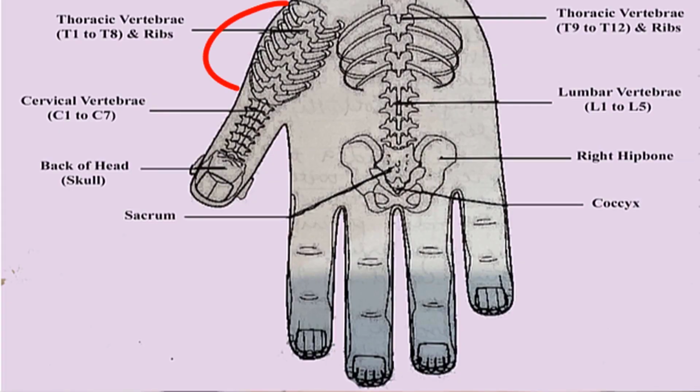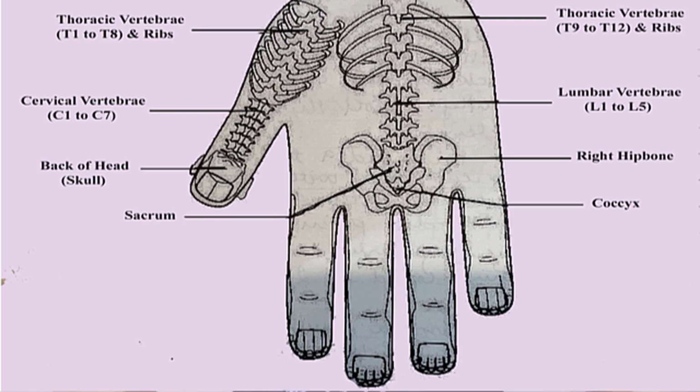So when we go in the back, from the base of the thumb to the diaphragm line, this area becomes the area where we have the T1 to T8 thoracic vertebrae. How they have to be mapped out, I will show you pictures on the basis of which you will understand exactly how T1 to T8 has to be mapped out over here.